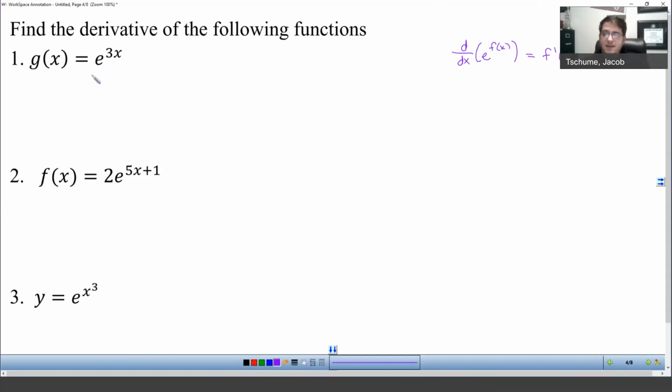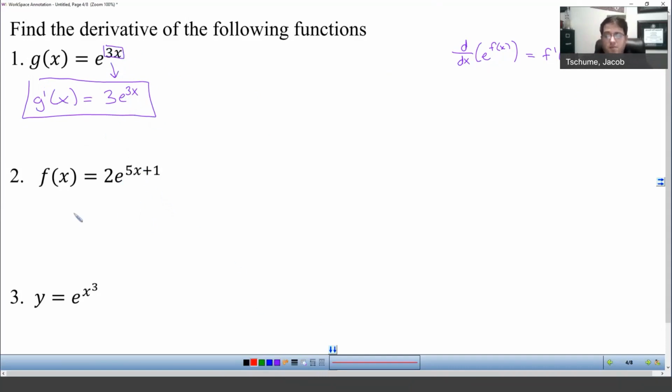So you have e to the 3x. First thing you do, you take the derivative of the power. The derivative of 3x is just 3, and you write that down. Then you just bring down the original exponential function. So your final answer will be 3e to the 3x. So that is g prime of x.